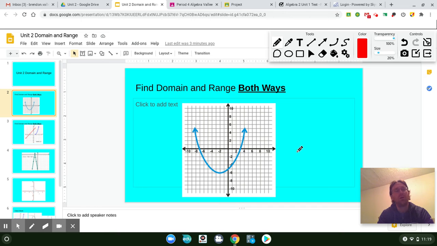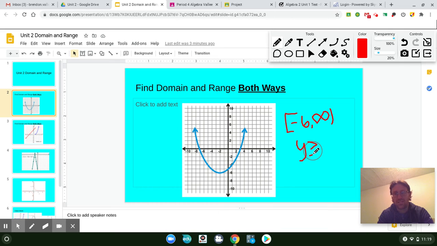That means the smallest number, and it does include -6, so I can use that bracket. It goes from -6 to infinity. Another way to write that is y is greater than or equal to -6.